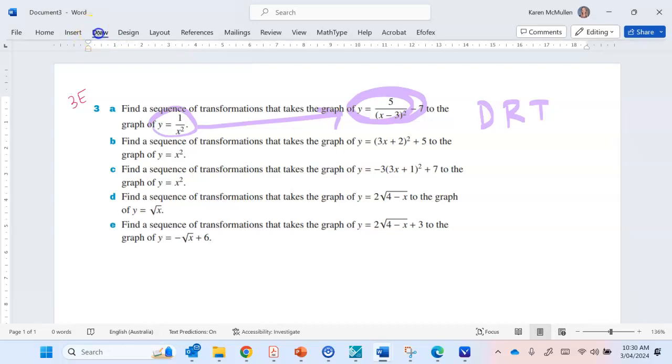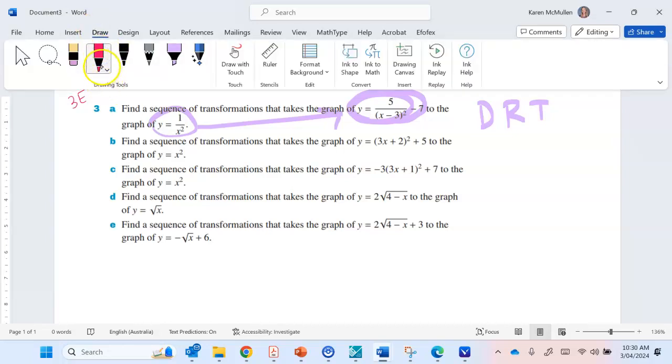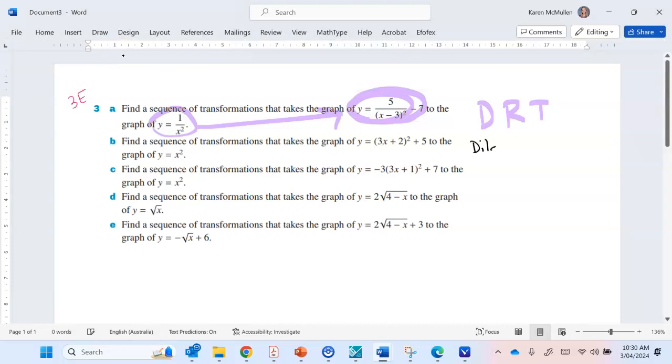I might actually write these down along the x-axis. Now, this is not the answer. I'm just saying if we were going from the basic to the other one.